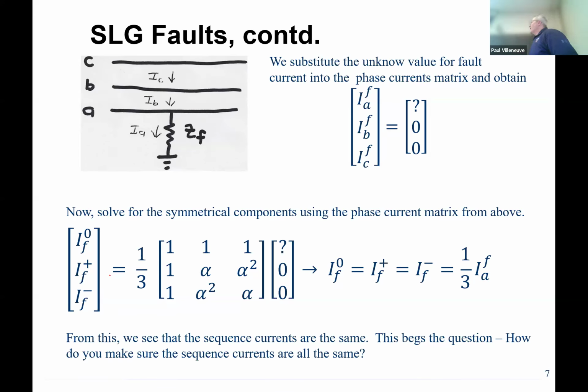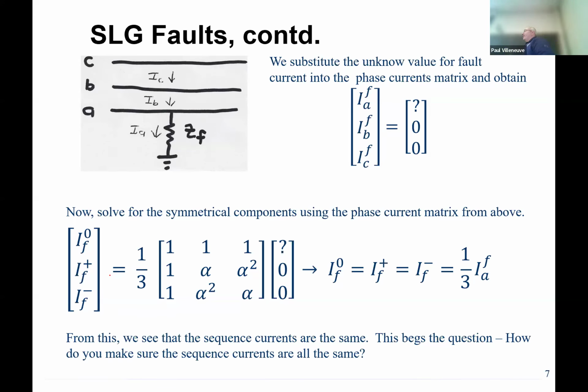I have a question mark, and then 2 zeros because B and C aren't feeding the fault at all. So now I'm going to go to symmetrical component land by multiplying my phase currents by my inverse A matrix. And then what I end up with is all 3 symmetrical currents are the same. They're actually equal to 1/3 times the actual A phase fault current.